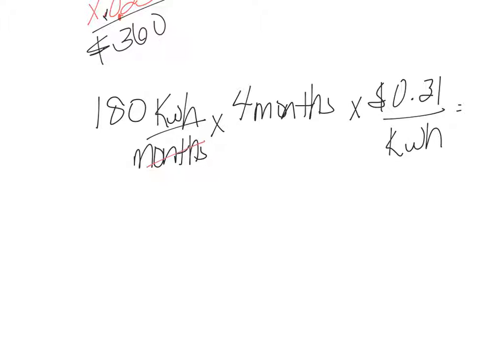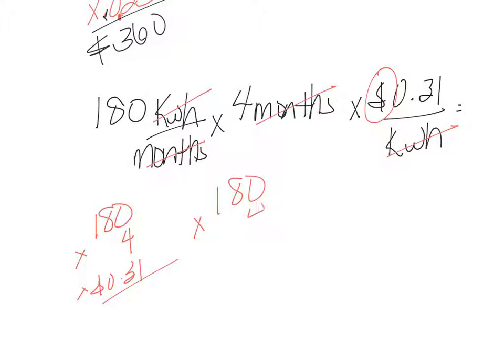And we can check if we set it up right because everything cancels and we're left with the unit that we want. And then we go ahead and we do the math here on the side. So pause the video and go ahead and do the math. Most of the time I like to do them separately. So I would do 180 times 4, and then I'd take that answer and multiply it by 31 cents.